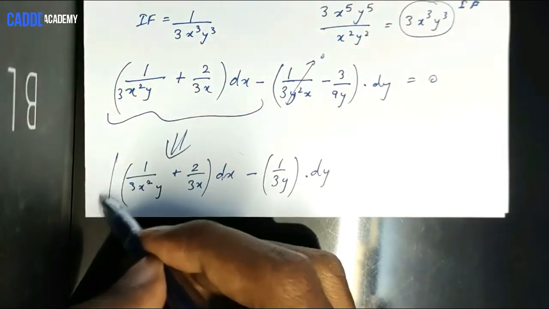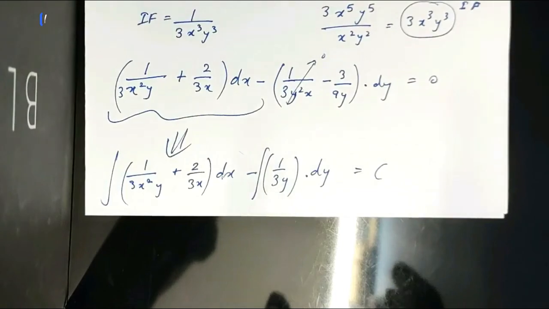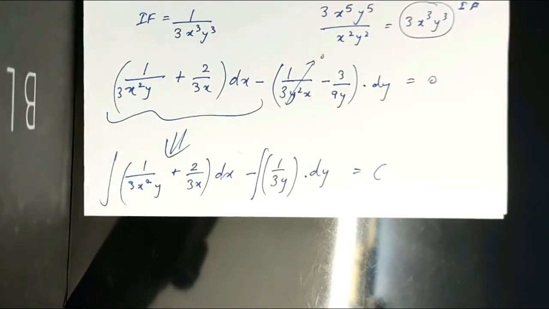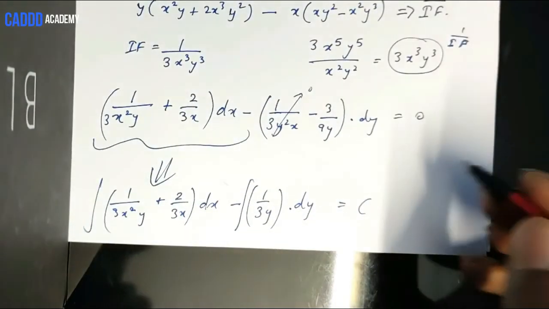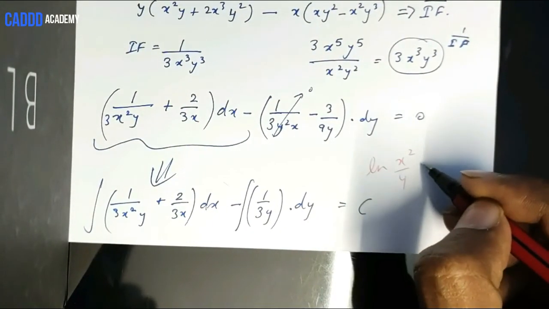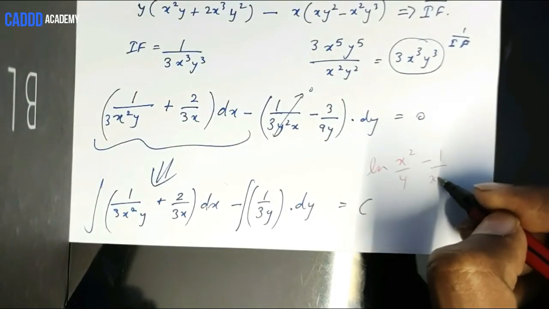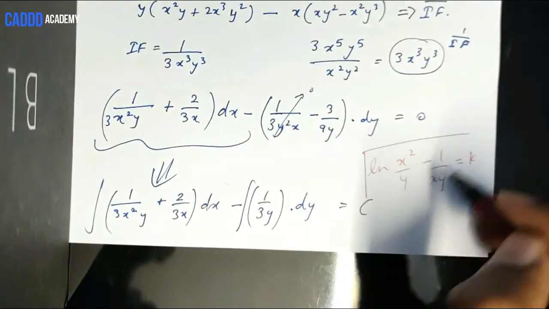Okay, let's integrate this. We will get a constant here, and after solving this you will get the answer as ln x square by y minus 1 by xy is equal to some constant k.